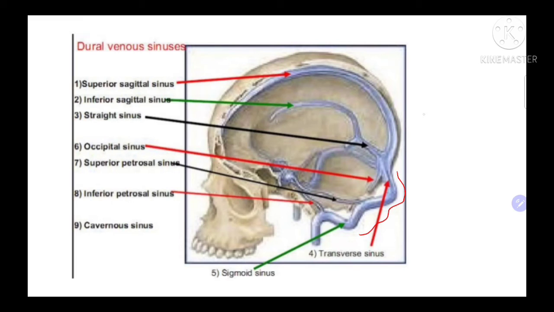So if we talk just now of the transverse sinus, it goes from the confluence of the sinuses to the posterior part or the superior border of the petrous part of the temporal bone. Okay, and then it becomes the sigmoid sinus, and in the sigmoid sinus we're going to have this mastoid or descending segment, and also this jugular segment.